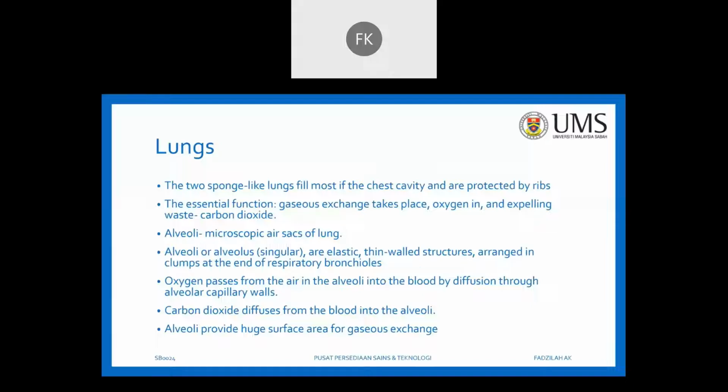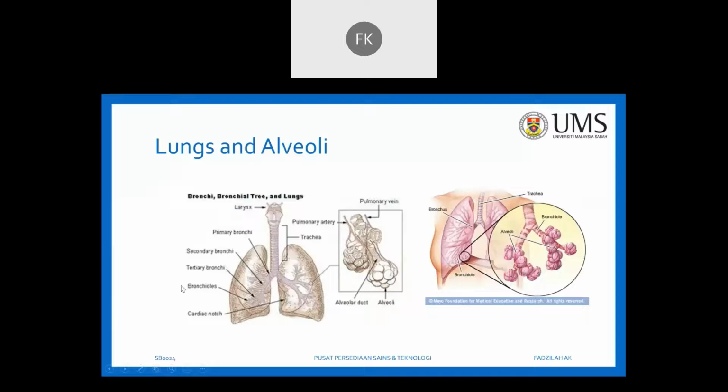And carbon dioxide diffuses from the blood into the alveoli, and then you exhale the carbon dioxide, expelling waste. The waste is carbon dioxide. These are the lungs, and this is the alveoli.